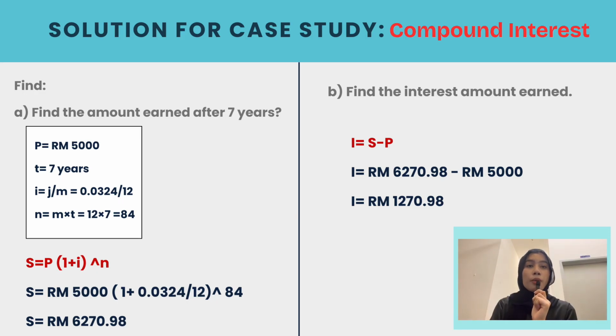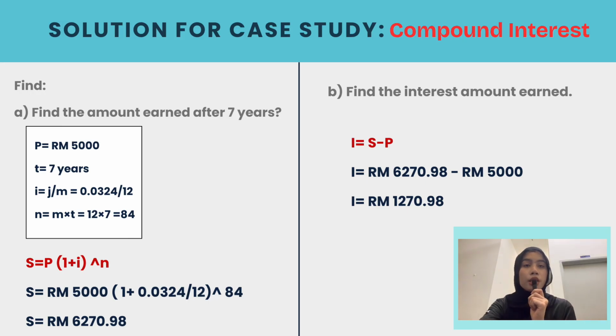Now we put all the information into the formula: S equals RM5,000 times open bracket 1 plus 0.0324 over 12 close bracket, to the power of 84, and we get the final answer, which is RM6,270.98.